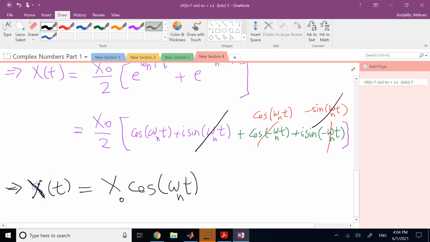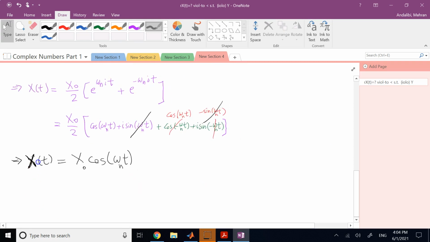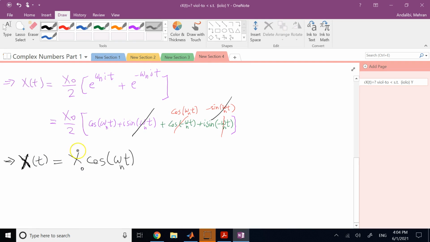So this is your solution. The response of the system is a harmonic function. So it is going to oscillate, right? Where x naught is the amplitude of your oscillation and omega naught is what? The frequency of the oscillation. Correct? So this guy is, let me write it for you.